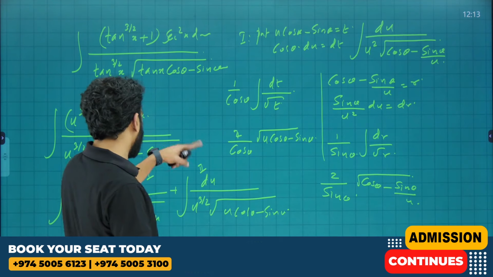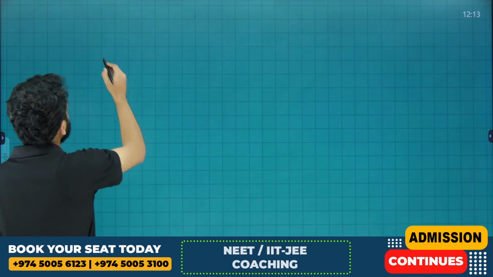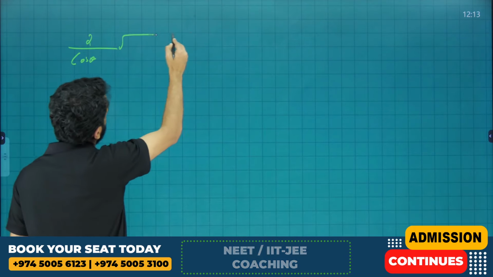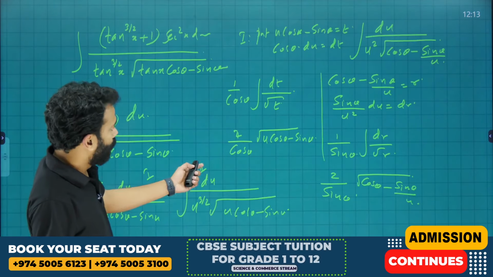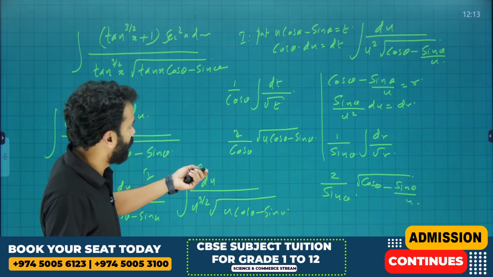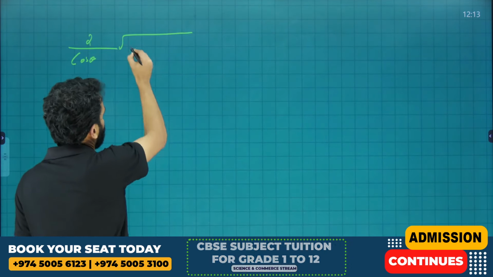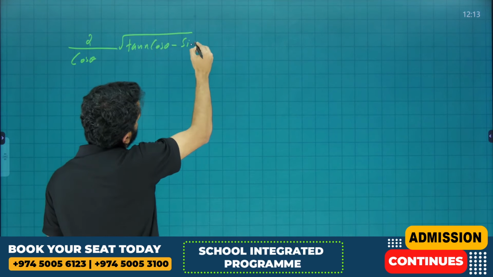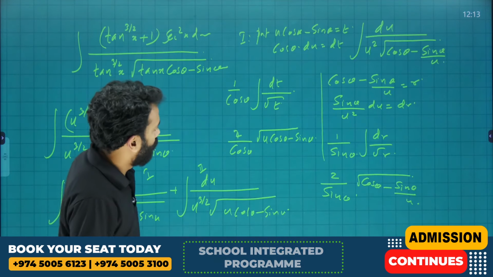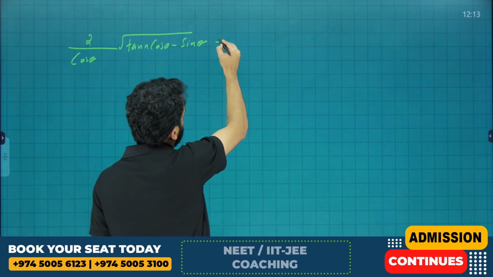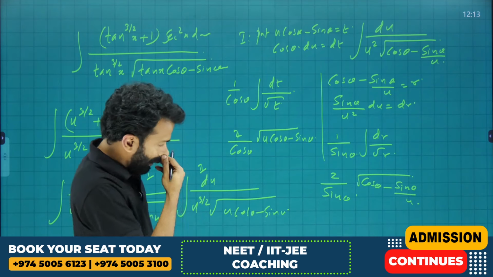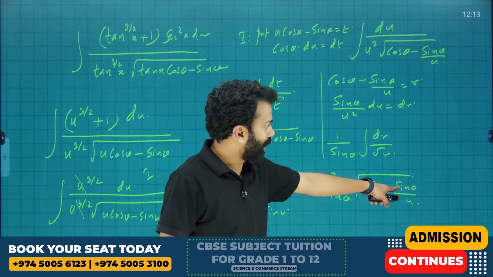So it will be 2 by cos theta into root of u cos theta. And what is u? Tan x, right? Root of tan x cos theta minus sin theta, plus 2 by sin theta into root of cos theta minus sin theta by u.